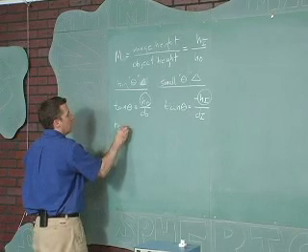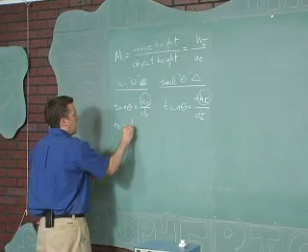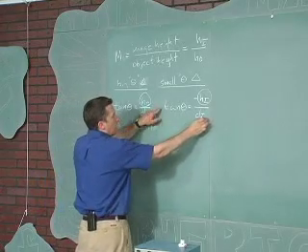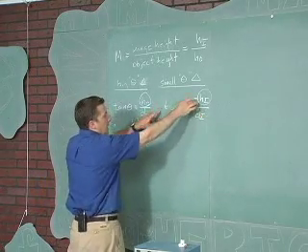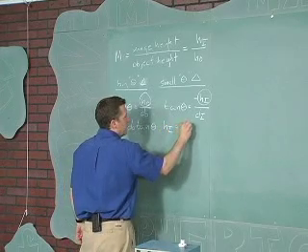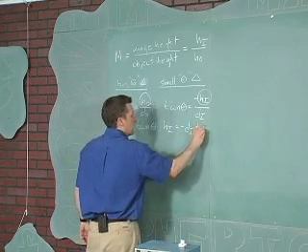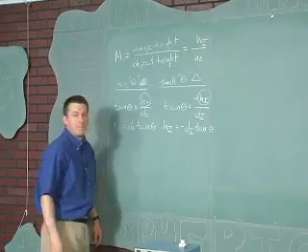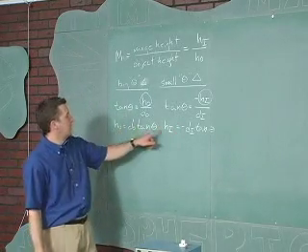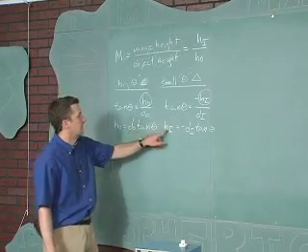So h sub O will be, multiply both sides by the object distance, d sub O tangent of theta, and over here, multiply both sides by d sub I, and don't forget the negative sign. So h sub I will be negative d sub I tangent of theta. Now we've got both our object height and image height in terms of distances.